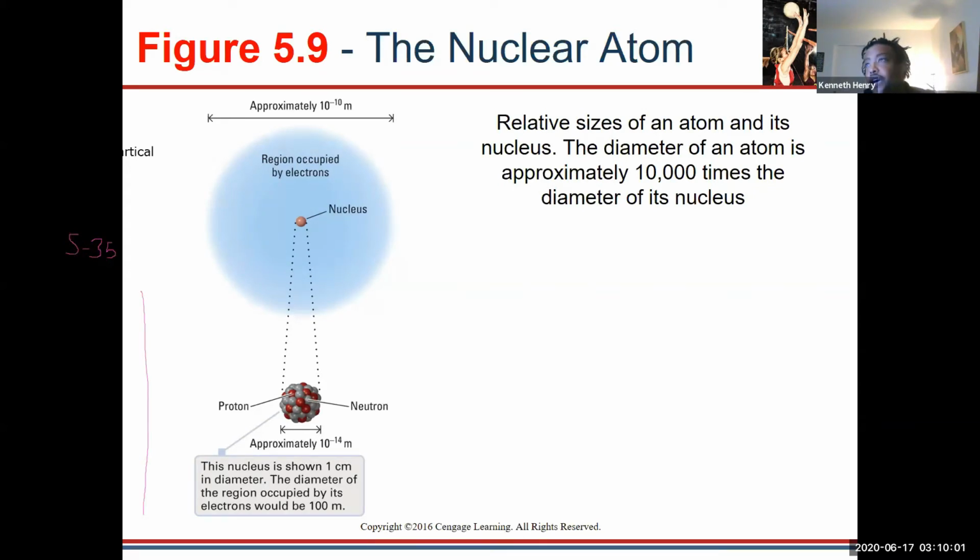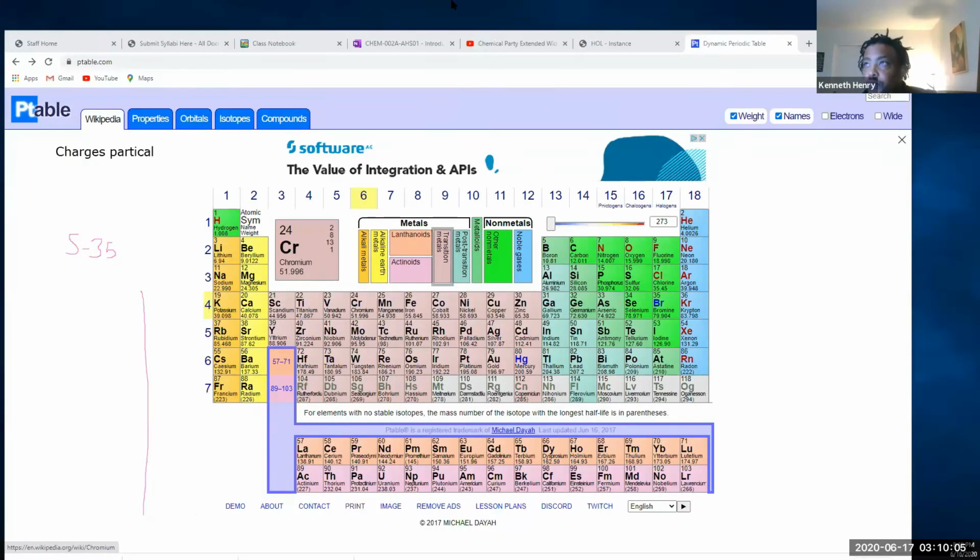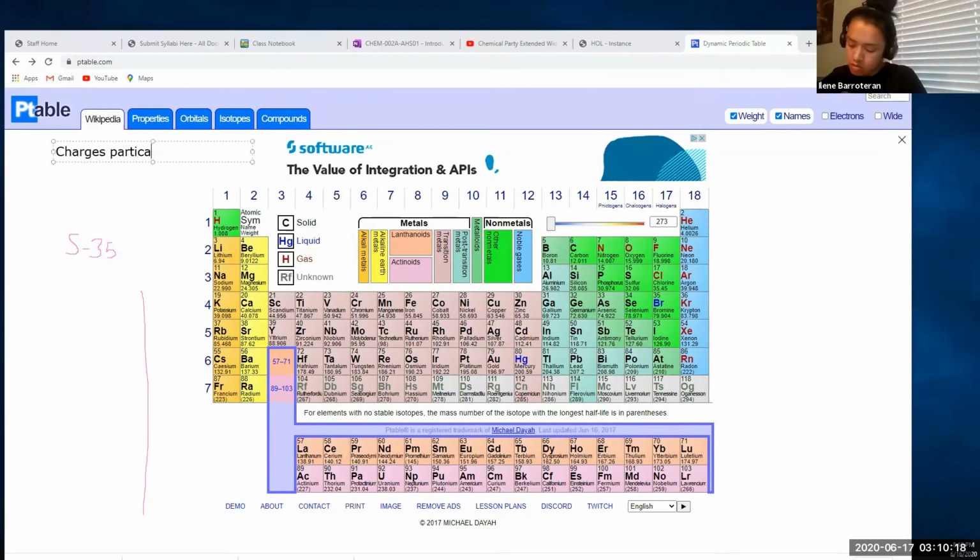There's two types of ions. Okay, I can't spell particles.